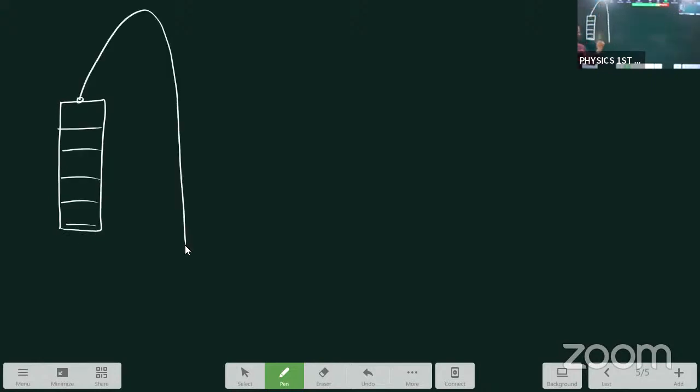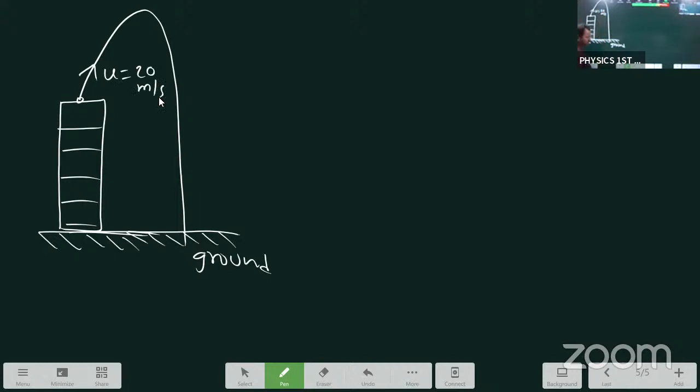One multi-story building. So this is the building, a multi-story building like this. A body is thrown upwards. This is the ground. How much? U equals 20 meters per second.